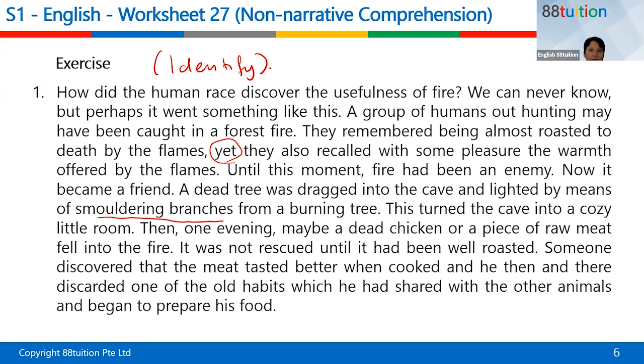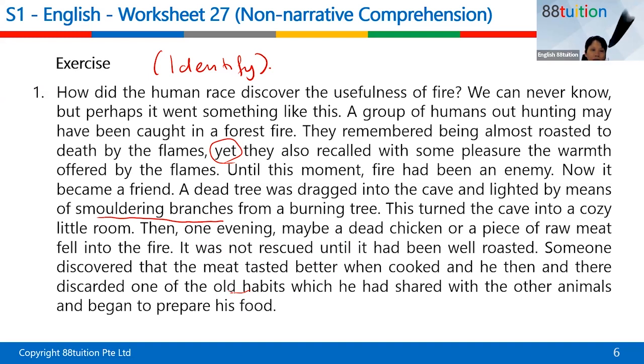Then one evening, maybe a dead chicken or a piece of raw meat fell into the fire. So this is historical. This is something that they think might have happened in the past. How we can come to appreciate fire. It was not rescued until it had been well roasted. Someone discovered that the meat tasted better when cooked, and he then and there discarded one of the old habits which he had shared with the other animals and began to prepare his food.